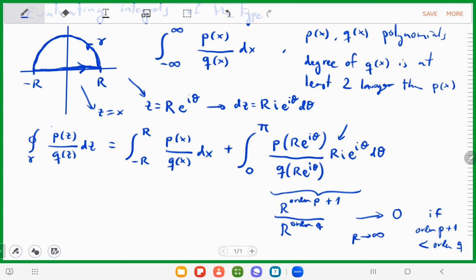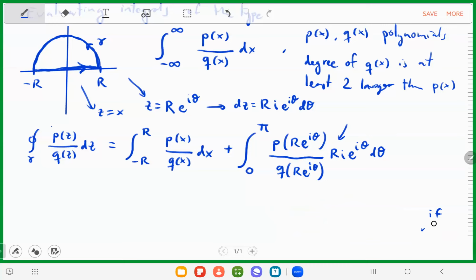If the degree of q is only 1 larger than the degree of p, then we cannot assume this complex number will go to 0. It will go to some constant.